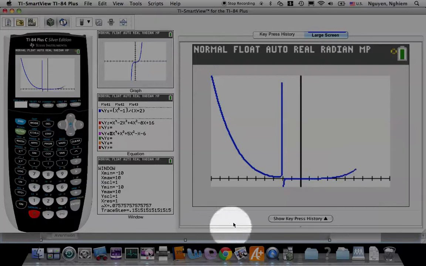And I'm going to, you can see my window starting to take shape. It'll update in a minute. But I see that the Y window needs to be a little bit bigger, so I'm going to adjust that.